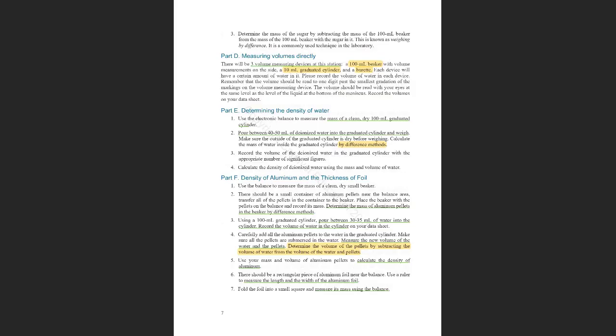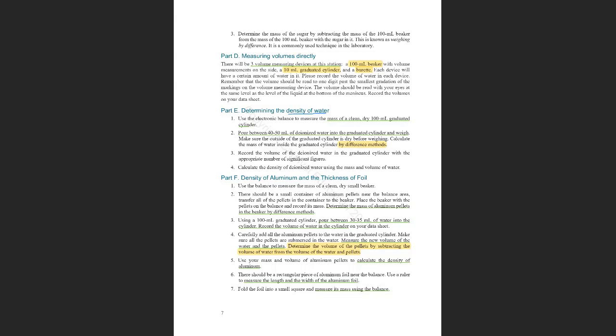And then part D, we are measuring volumes directly. So basically, we are using 3 measuring devices: a beaker, a graduated cylinder, and a burette. We went over that, and I will also go over the report to make sure that we are all ready to complete it. And then the next part is calculating the density of the water.